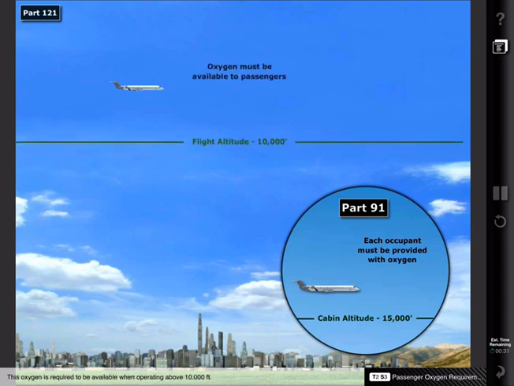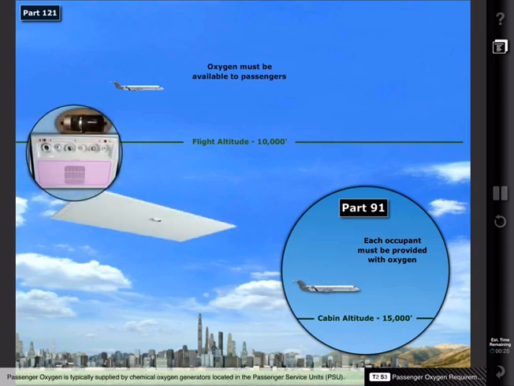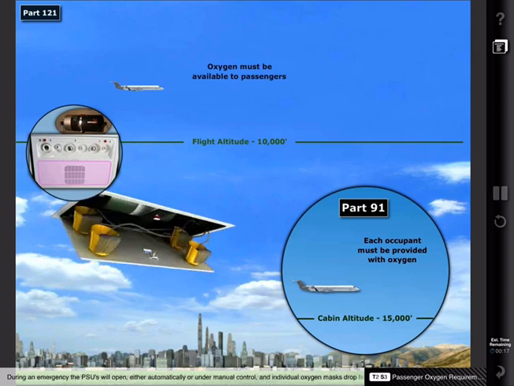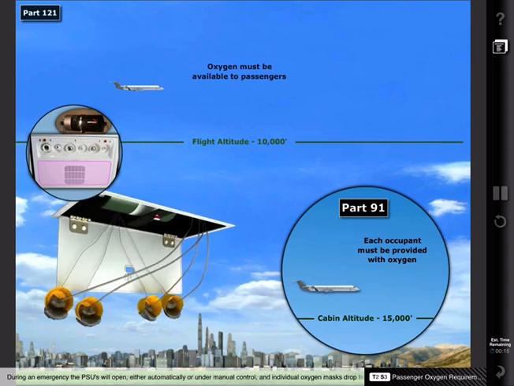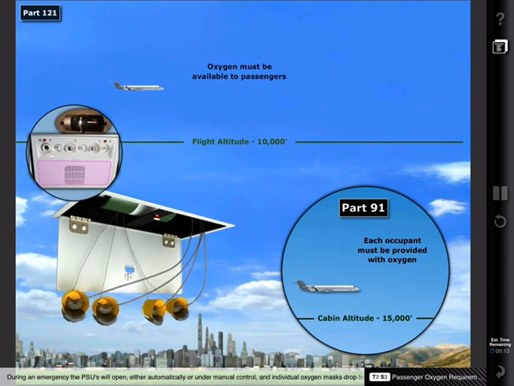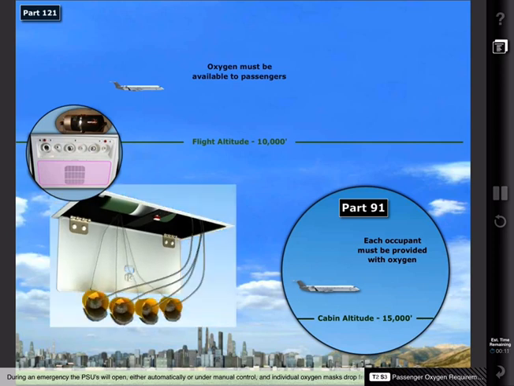This oxygen is required to be available when operating above 10,000 feet. Passenger oxygen is typically supplied by the chemical oxygen generators located in the passenger service units, or PSUs. During an emergency, the PSUs will open, either automatically or under manual control, and individual oxygen masks drop from the ceiling. Pulling on the oxygen mask initiates a chemical reaction which produces oxygen.